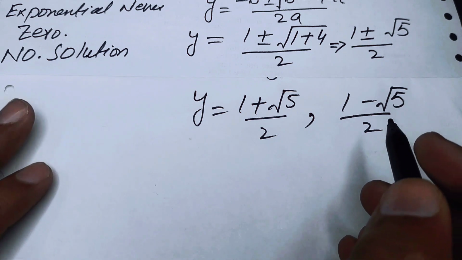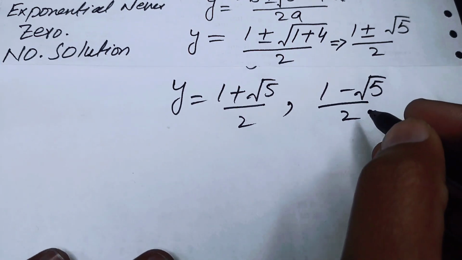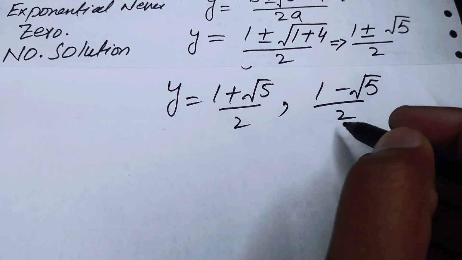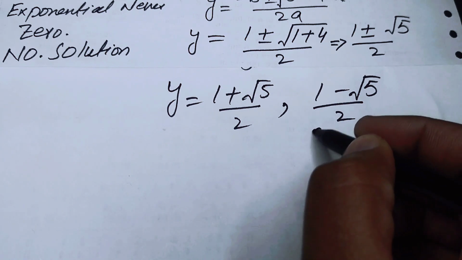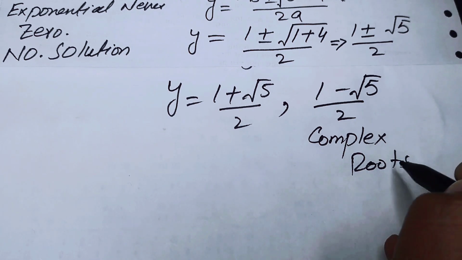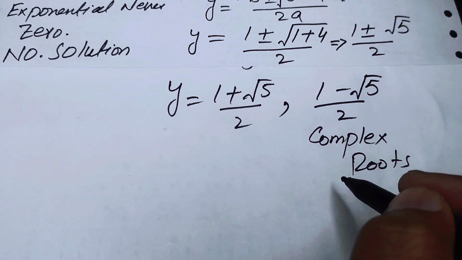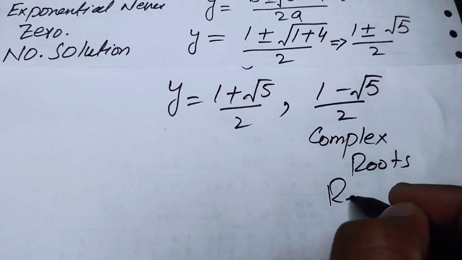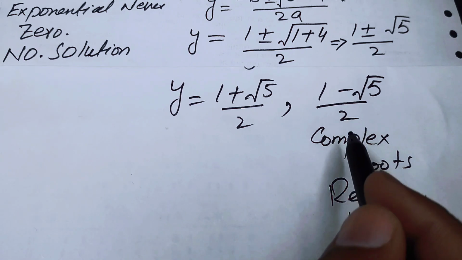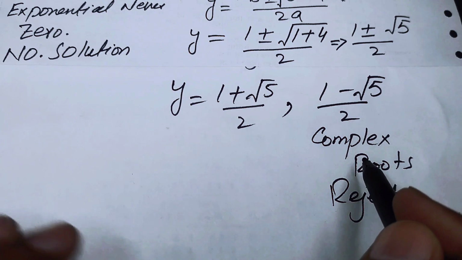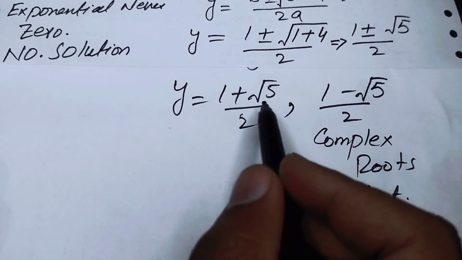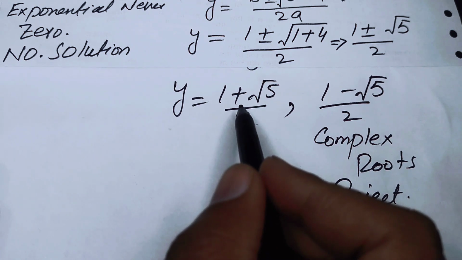When you look at this second term, it does not give us a real root, so I can say that this term gives us complex roots, and our question asks us to find only real roots, so we can reject this solution. We reject it because it gives complex roots or no real roots, and only the first expression gives us the real root, so we will proceed with this expression only.